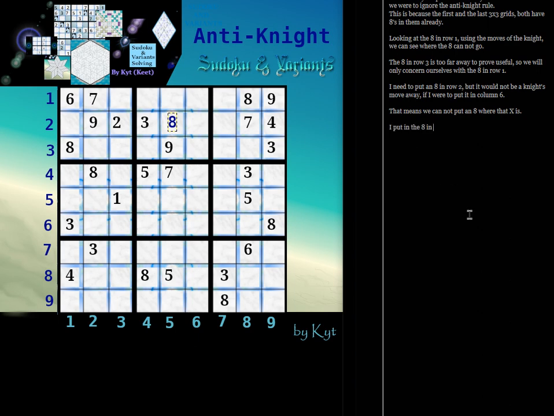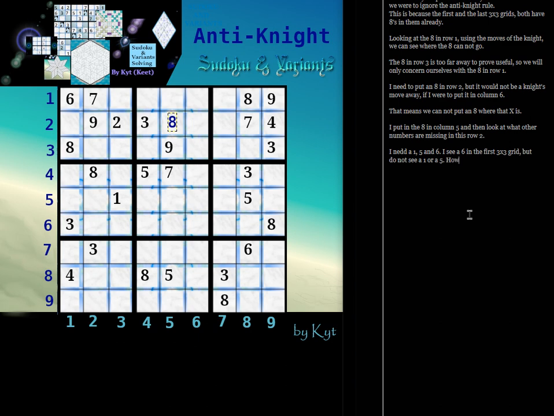I put in the 8 in column 5, and then look at what other numbers are missing in this row 2. I need a 1, 5, and 6. Now I see a 6 in the first 3x3 grid, but do not see a 1 or a 5.